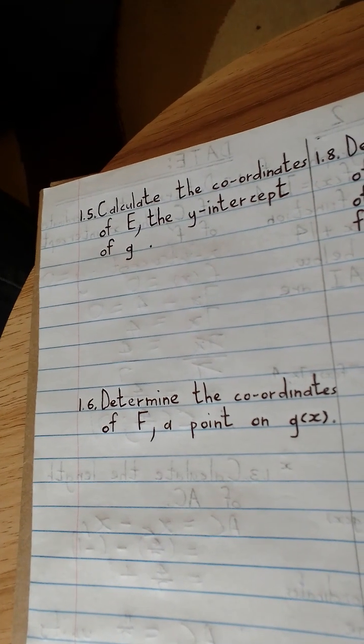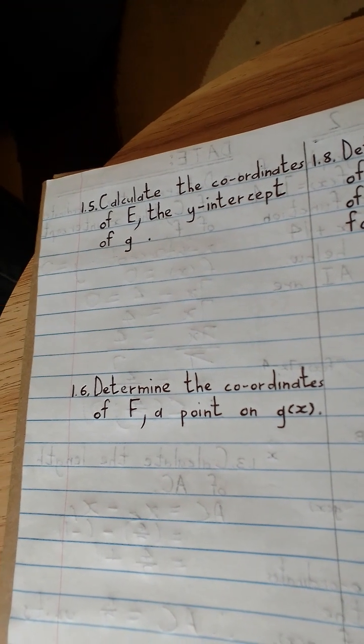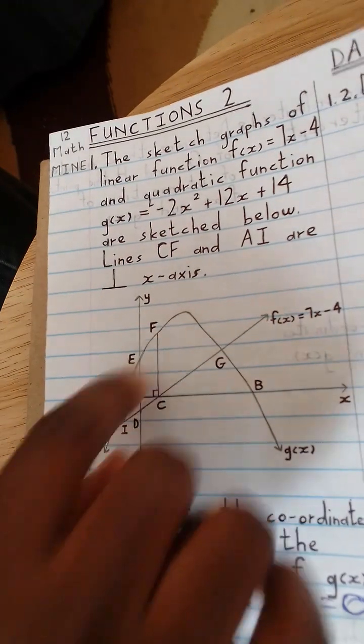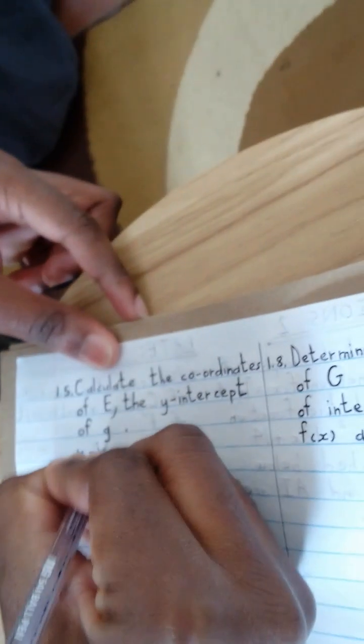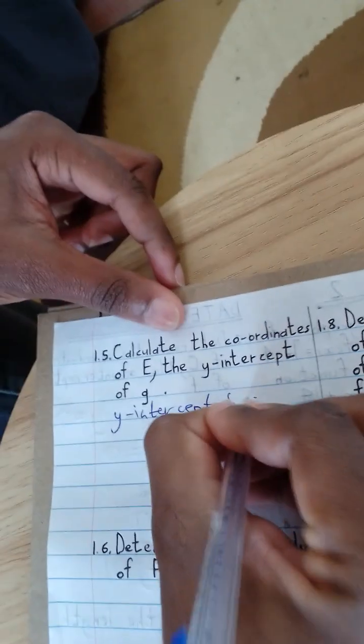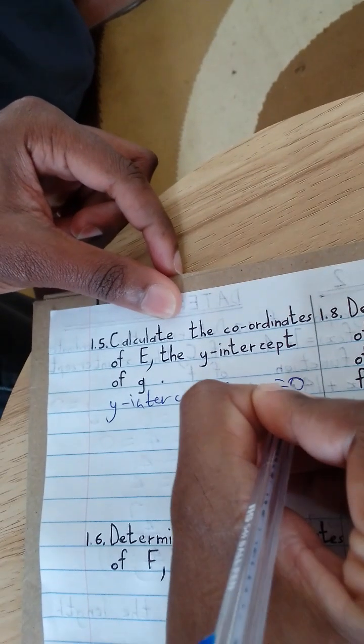1.5 states, calculate the coordinates of E, the y-intercept of g. Here's E, and it's the y-intercept of the parabola. So as usual, y-intercept, x is 0.